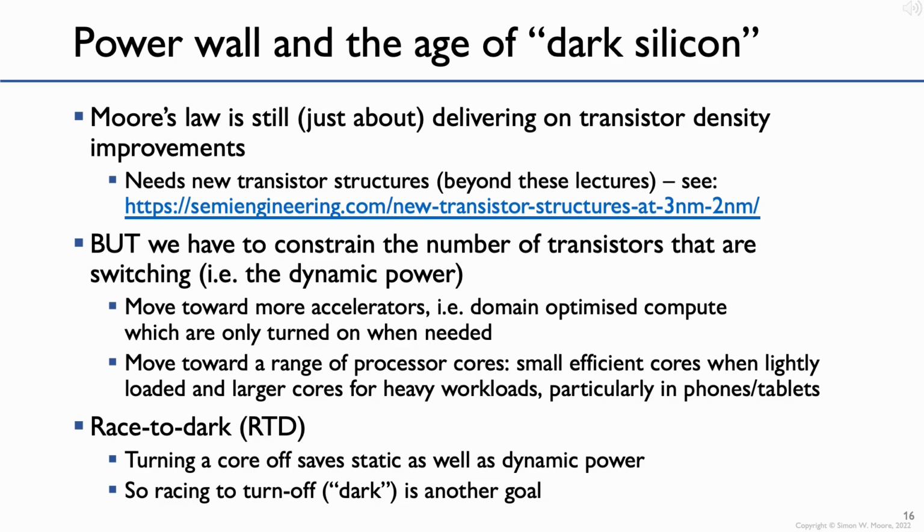We also see a move towards a range of processor cores, sometimes referred to as big versus little cores. So we'll have some very small, efficient cores which are lightly loaded, and then we'll have larger cores for heavier workloads. And there you will see later on in this course that there are some really interesting trade-offs. If you want a really high performance core that tries to extract a lot of instruction level parallelism, you actually pay a lot of overhead for doing so.